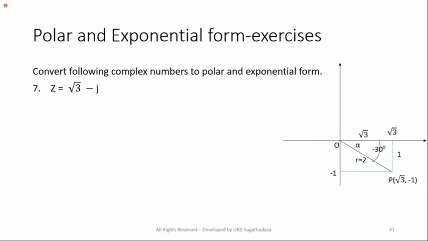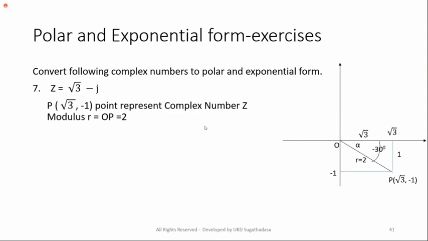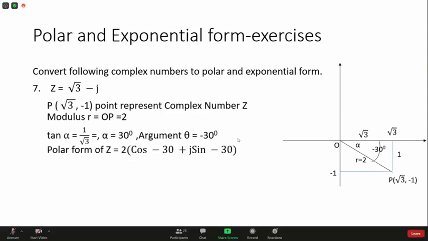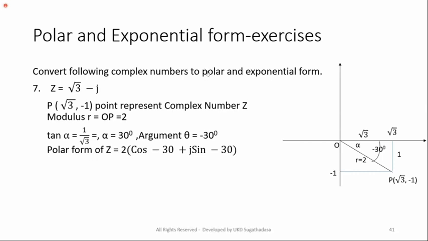See, it's minus 30, no? See the point, the distance is 2, and alpha is a simple angle, I mean 1 upon square root of 3. Tan alpha equals 1 upon square root of 3. I think in the first semester we have done this, and the tables are also given, no? Tan 30, that is alpha is 30.